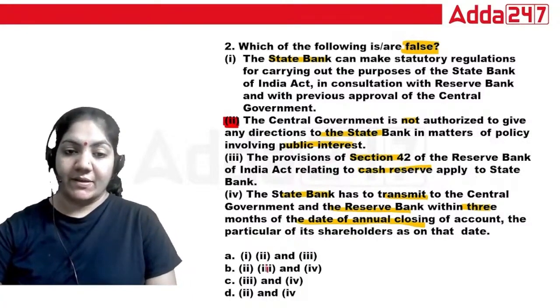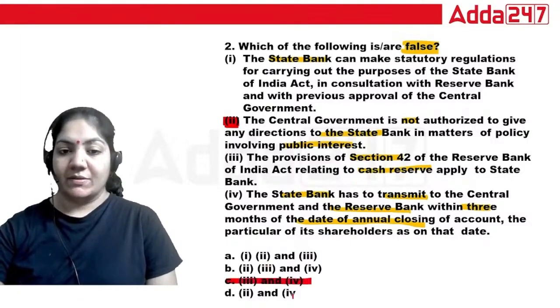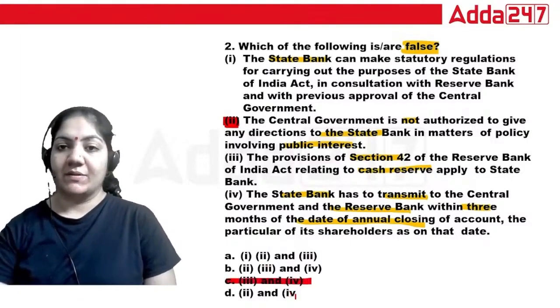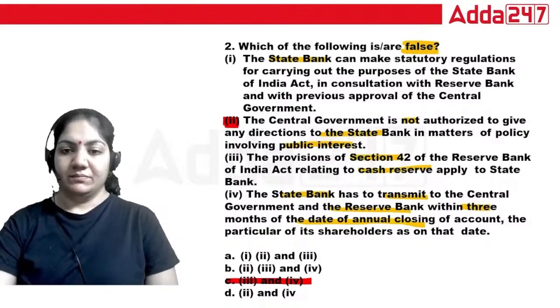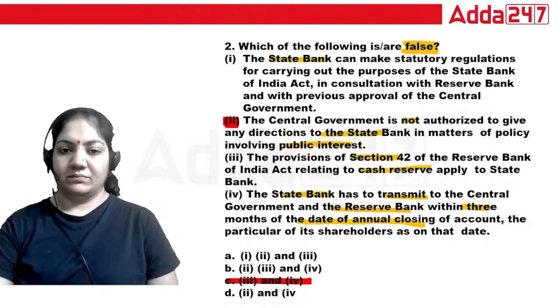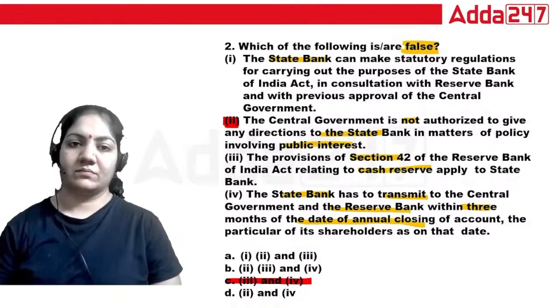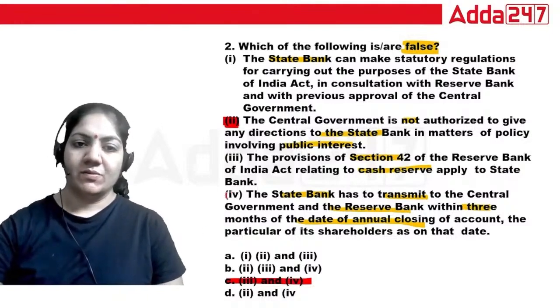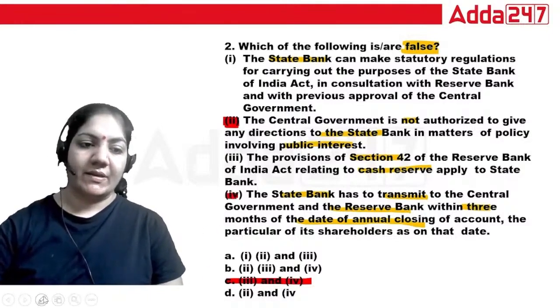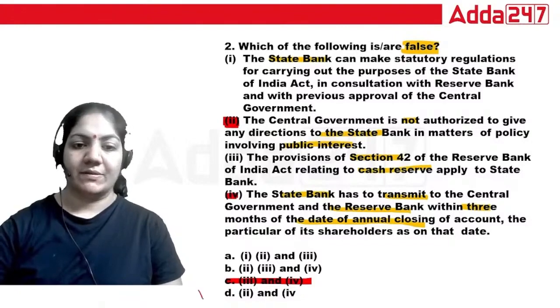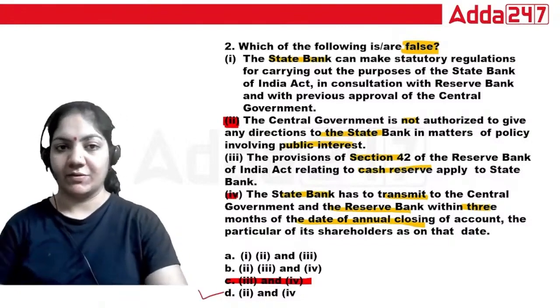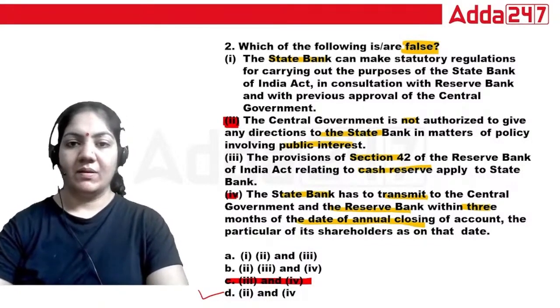If the second is right, C cannot be the right answer. In this question, class, the second and fourth is the right answer. D is the right answer for this question. Okay, next.